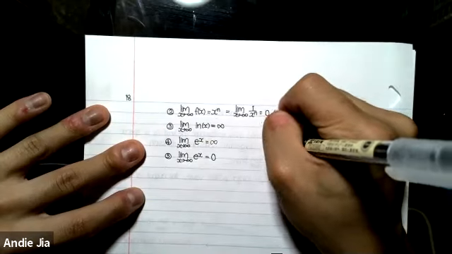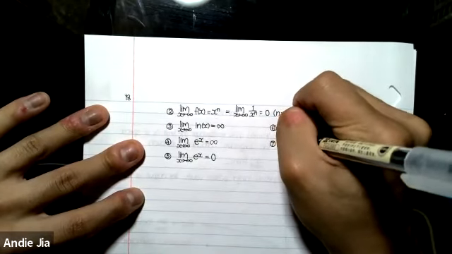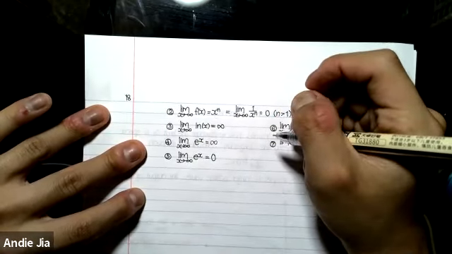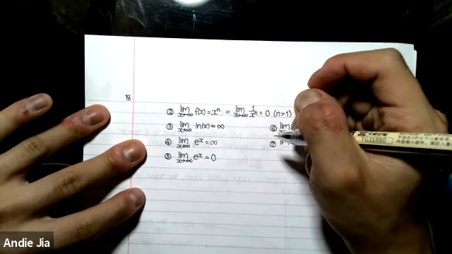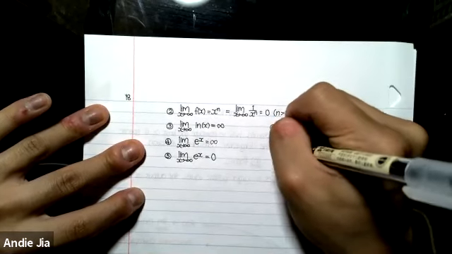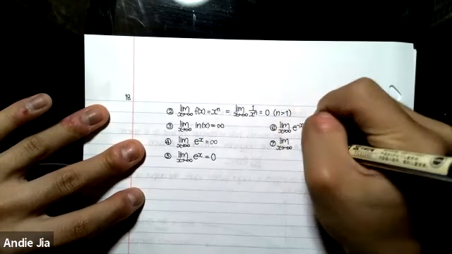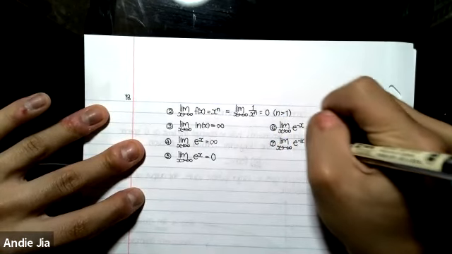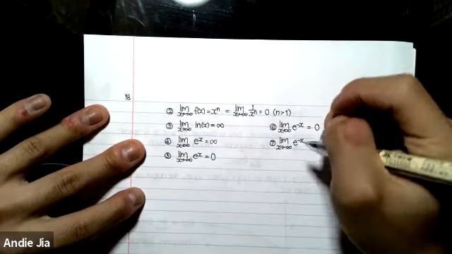Number 7, the limit as x approaches negative infinity of e to the negative x power is infinity.